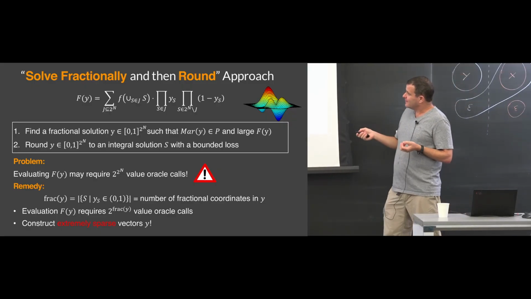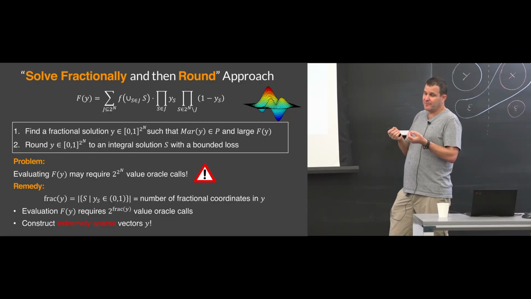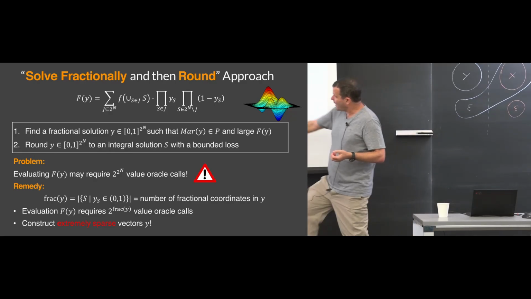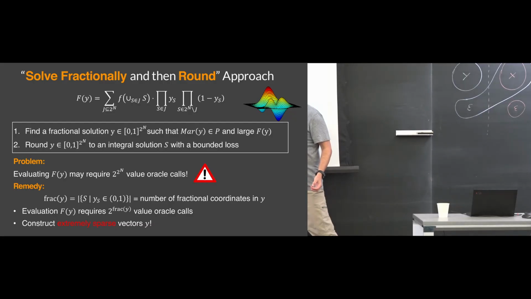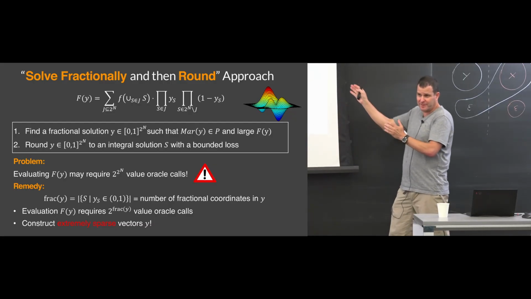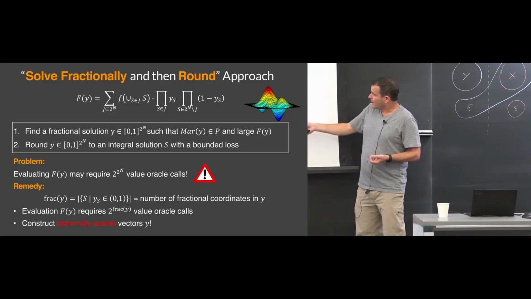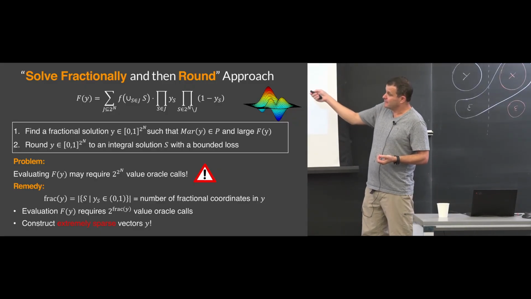The whole idea is that if you don't have too many fractional coordinates in your vector, where frac is the number of coordinates that are strictly between 0 and 1 (it's almost the support, but it doesn't contain 1), then, right, what do you need in order to evaluate this?